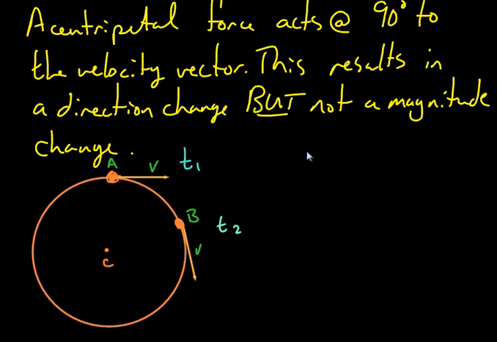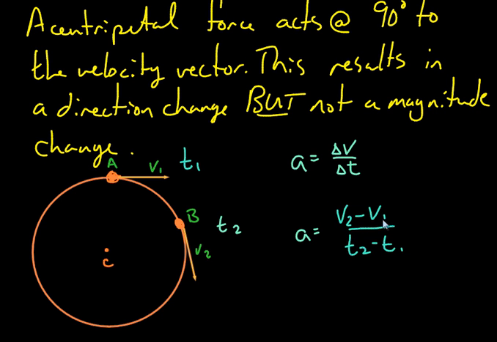From the old days, we know acceleration is a change in velocity happening during a time interval. So let's distinguish v2 and v1: a equals v2 minus v1 over t2 minus t1.